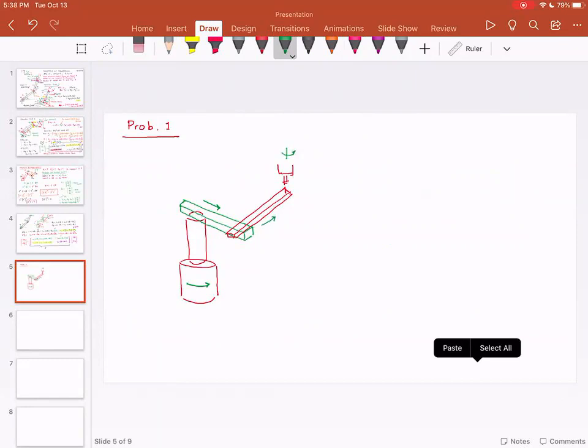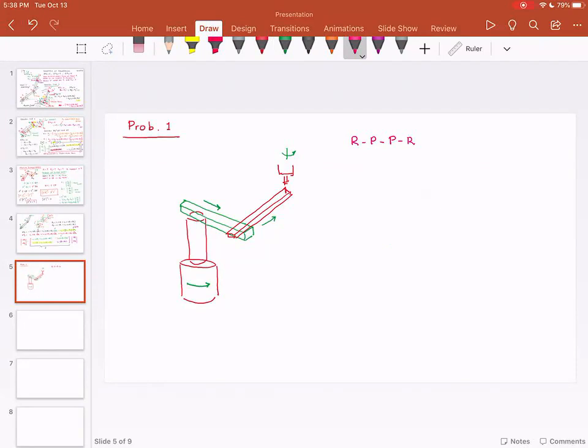If I want to draw the kinematic diagram, I would assume the robot to be an R P P R. So this robot will be considered as R P P R. Let me draw the kinematic diagram.